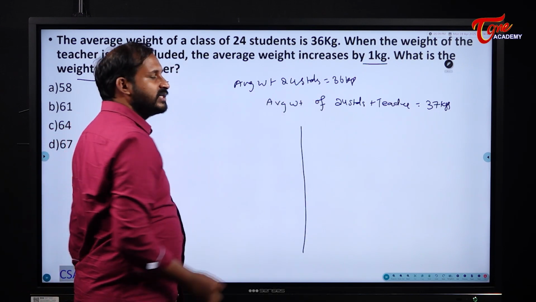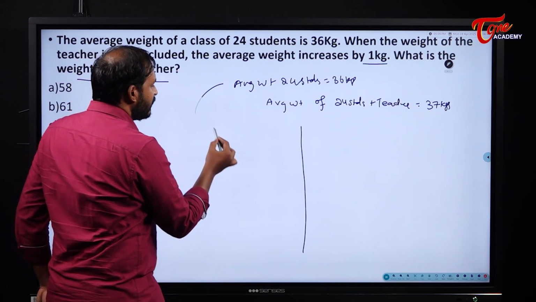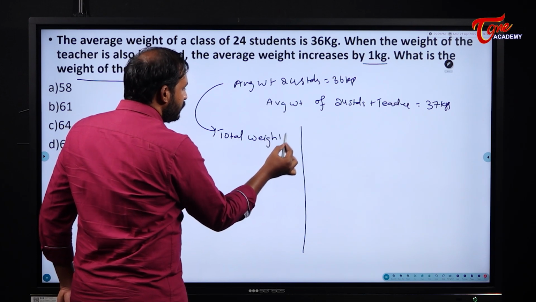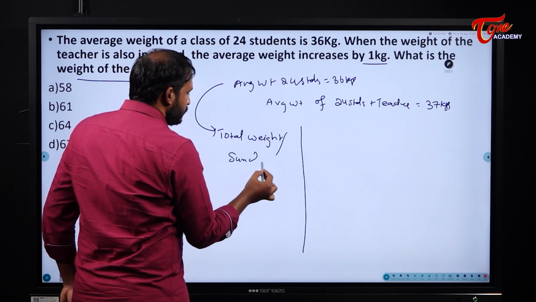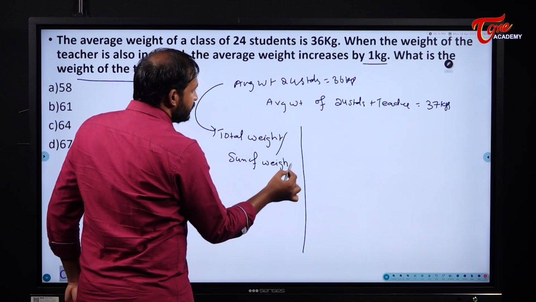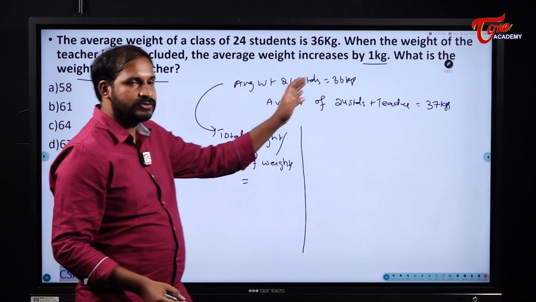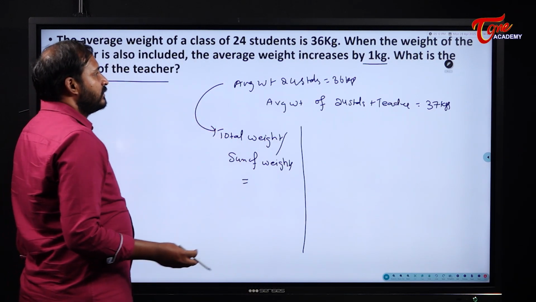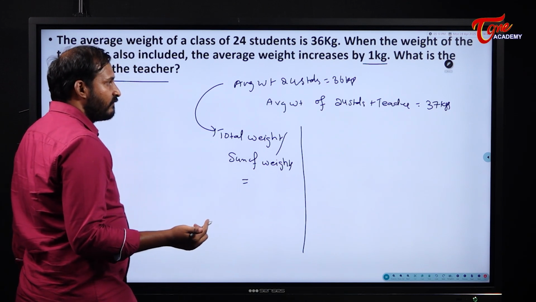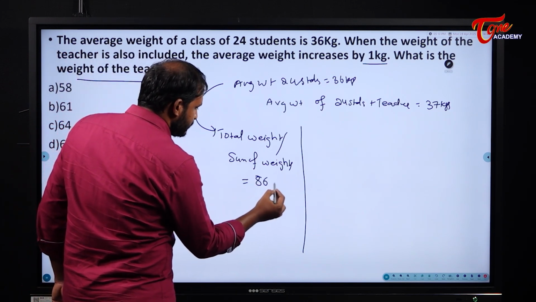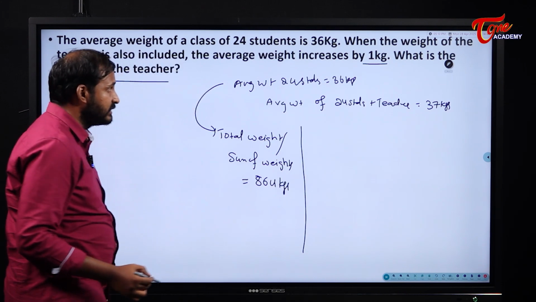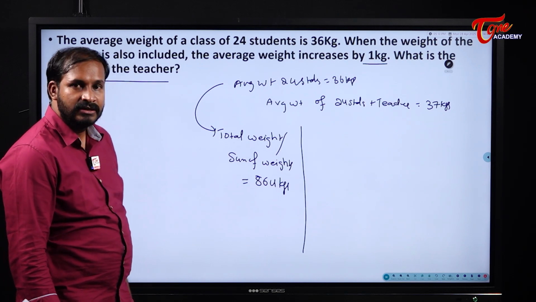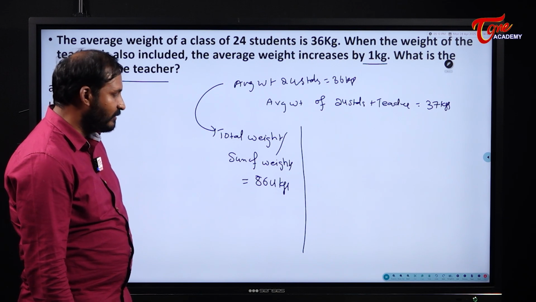For example, 24 students' average weight is 36, so what is the total weight, or the sum of weights? 36 into 24, because 24 students and 36 each. What will you get? 360, 360, 720, and 36 fours are 144. 720 plus 144 will become 864 kgs.